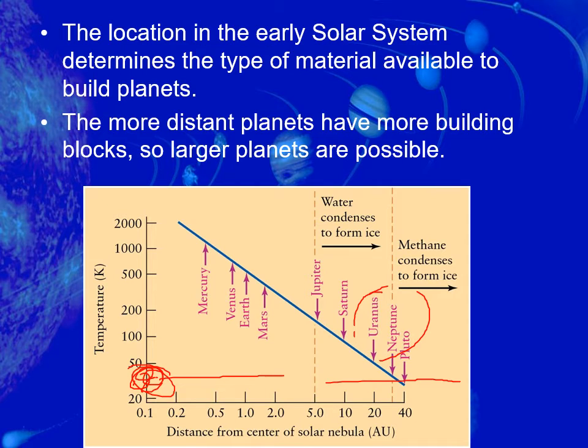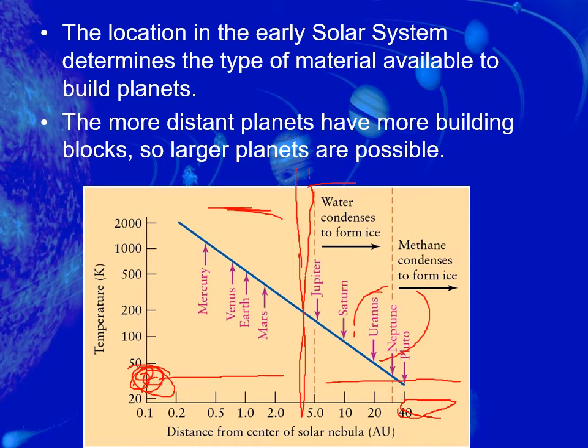Okay. And so you get really far out, and then you even have methane as part of the stuff that can be part of the solid things. Methane, ammonia, and then you can build even more protoplanets and things out really far from the sun. We call this the ice line, or the frost line in the solar system, the distance from the sun inside which water is not stable as part of the building blocks, and outside it is.